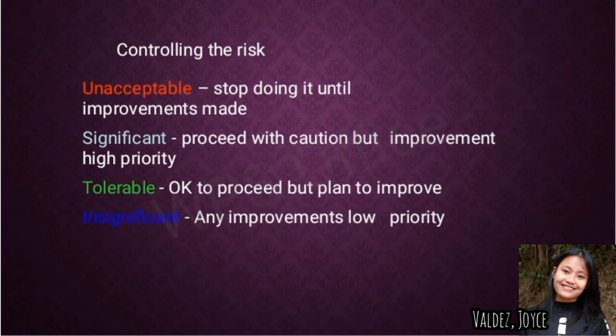And then the second one is significant level, wherein proceed with caution but improvement is high priority. An example of this is a significant inventory of precious metals or gems. This might be a significant risk in an audit of a jewelry business.